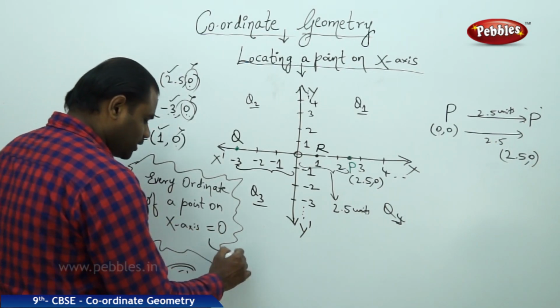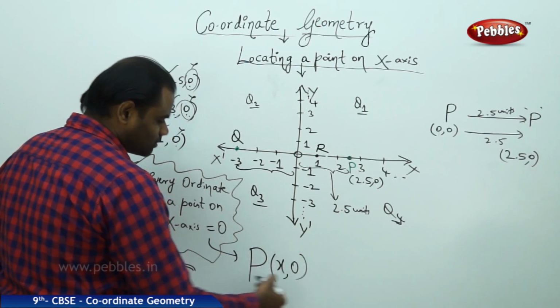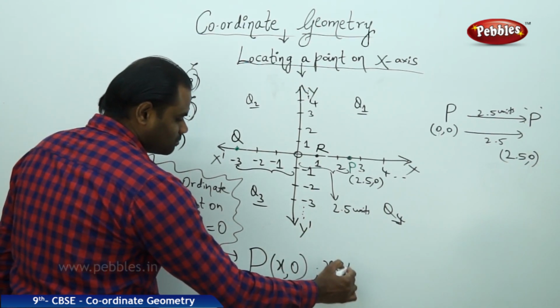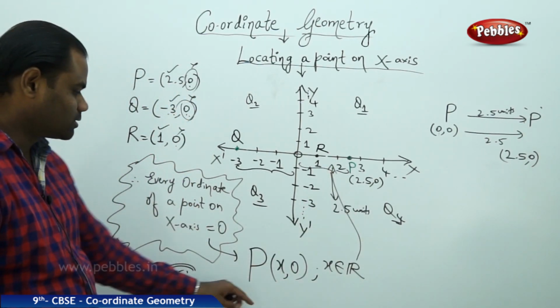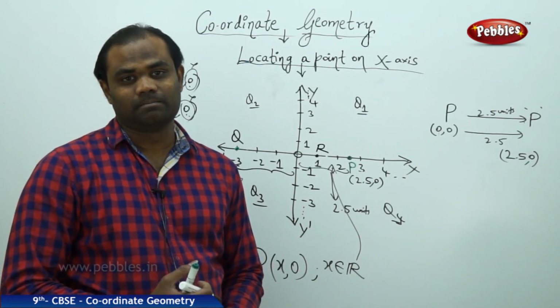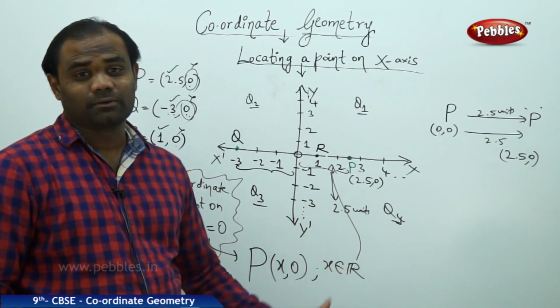So any general point you take on the x-axis would be in the form x, 0 for all x belonging to the real numbers. Any point on the x-axis is in the form x, 0.